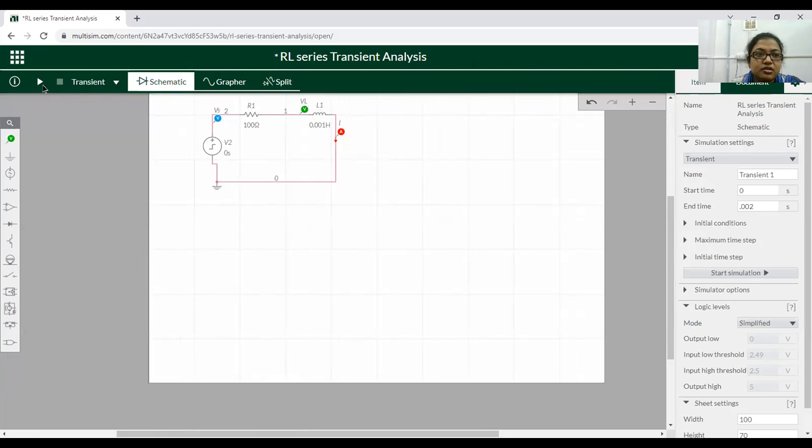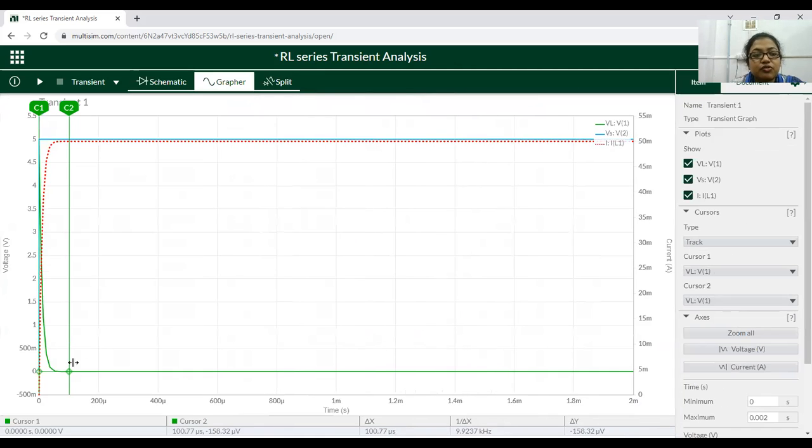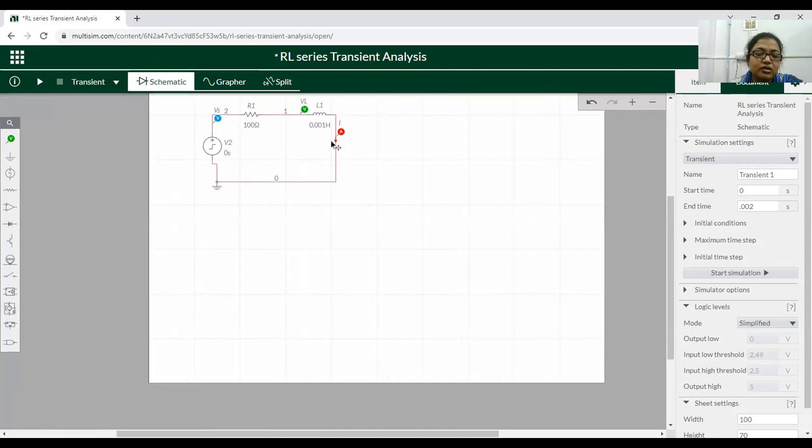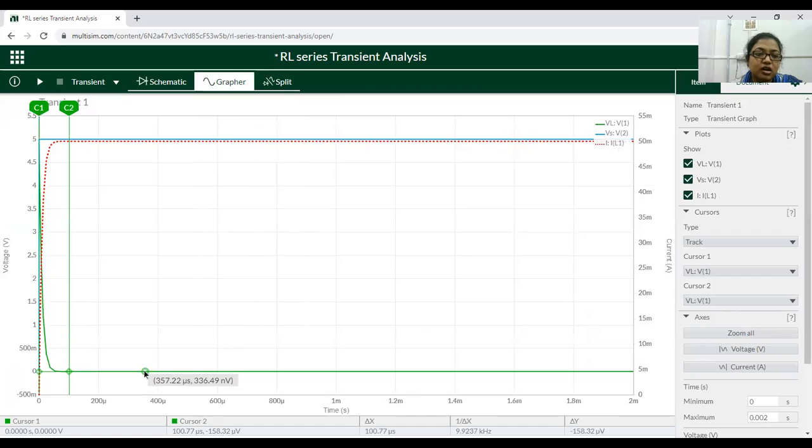With 0.001, see, the diagram becomes very steep. So depending on the L value, we can change the nature of the transient response curve. This curve is not at all suitable for finding the time constant.